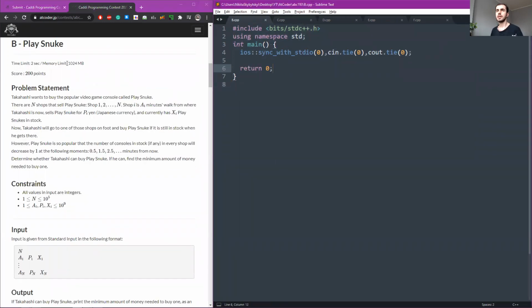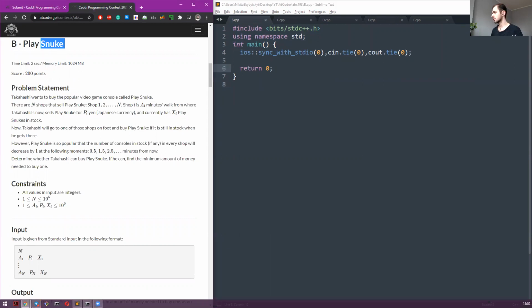Problem B, Snuke. I always fail to pronounce this name correctly. What do we want to do here? Takahashi wants to buy the popular video game console called PlayStation. There are N shops that sell PS.